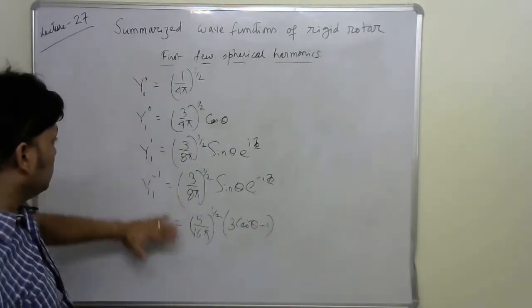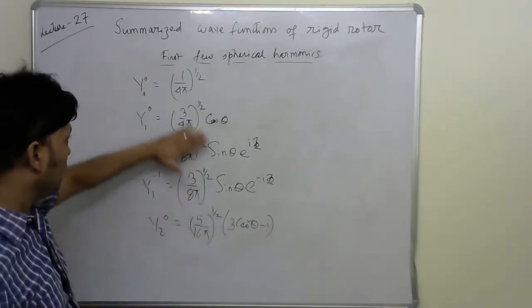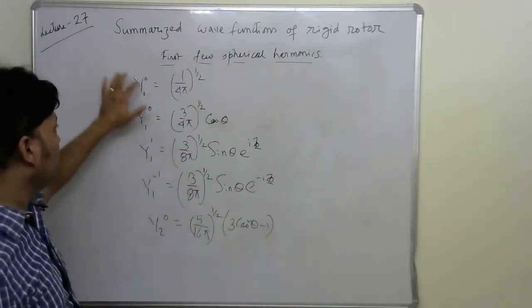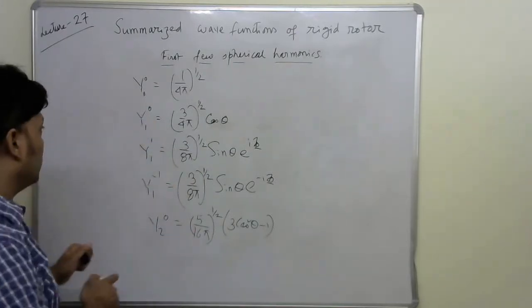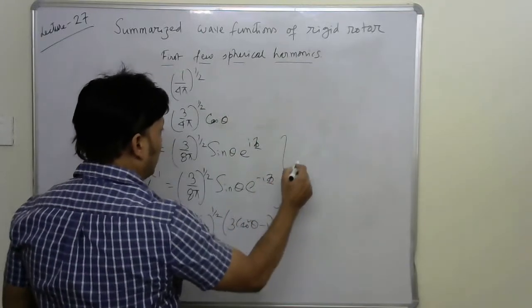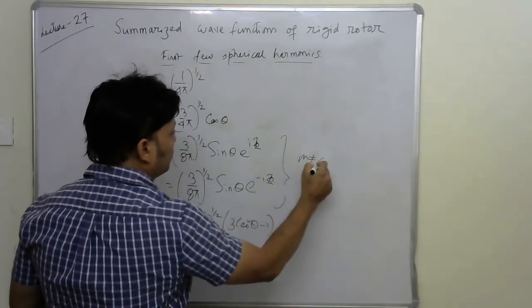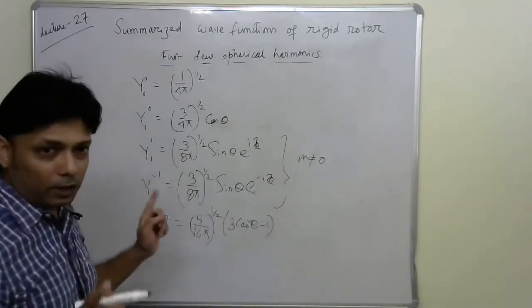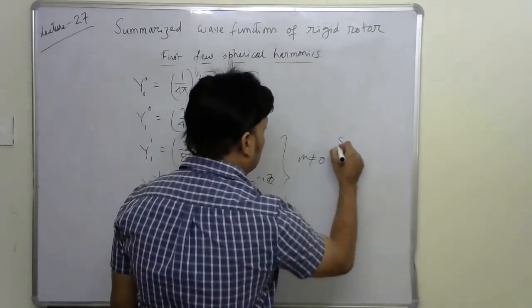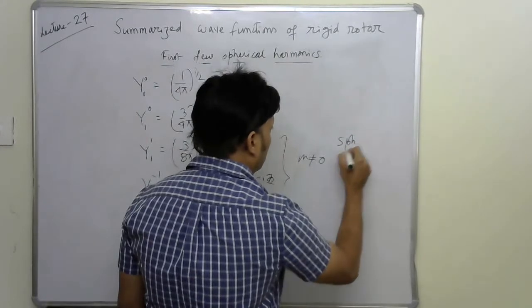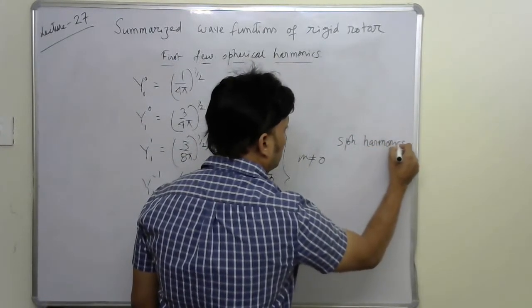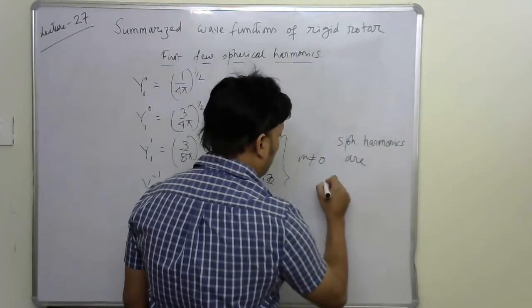So now you see here, looking at this general expression, whenever the m value is non-zero, in these two places, m is not equal to 0. For a non-zero m value, the spherical harmonics are imaginary.